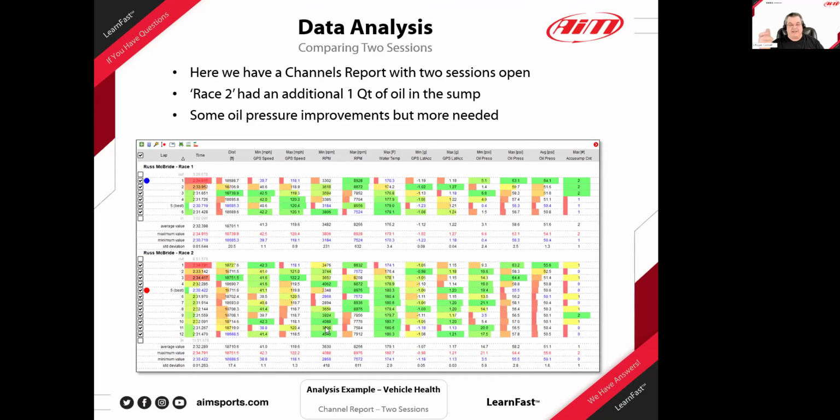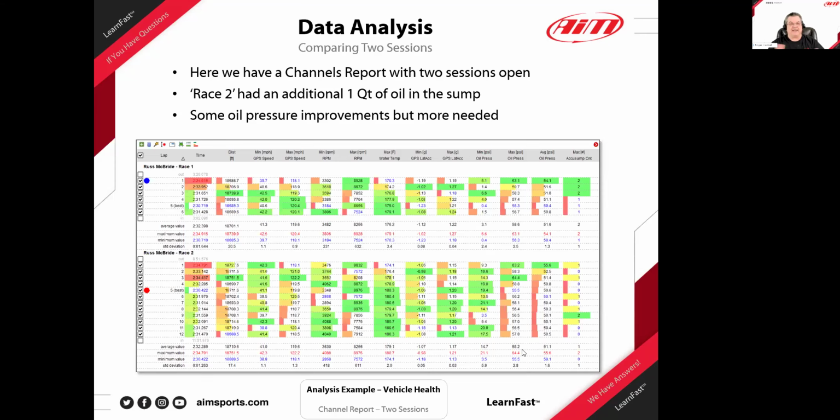So there was a lot more heat in the motor, and other things that typically would have low oil pressure coming down, and still the minimum oil pressure was a little bit higher. So that 1 quart of oil got him partially there, right?